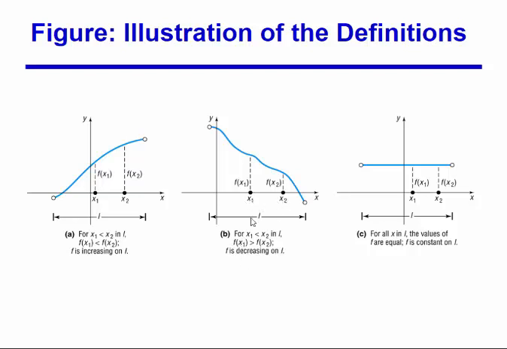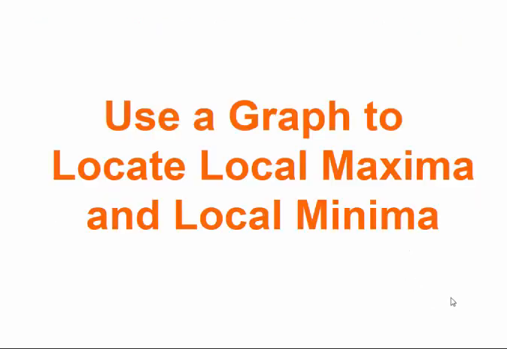In this particular example, f of x1 is greater than f of x2, so f is decreasing on this interval. And for this one, again, you choose an x1 and x2, with x1 being less than x2. Here we can see that f of x1 is equal to f of x2, so therefore the function is constant on the interval.